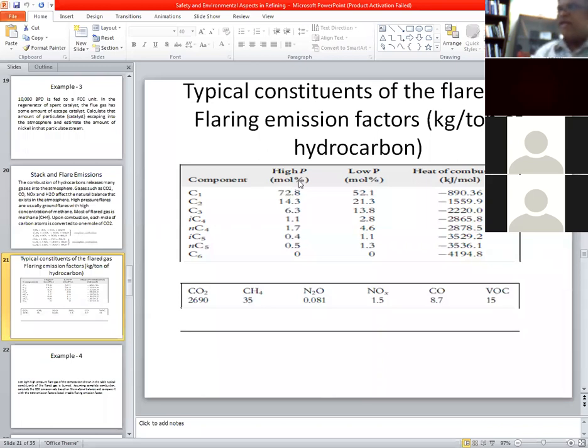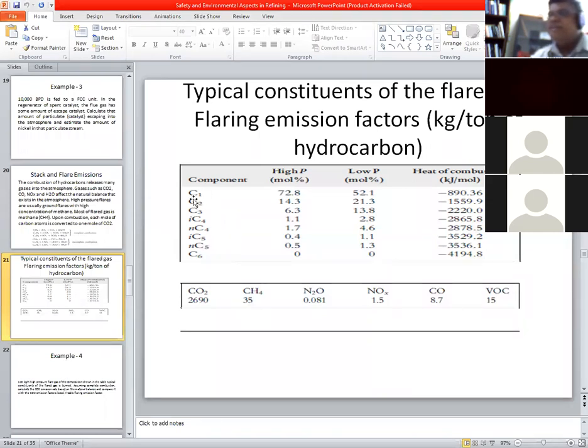Then, based on the mass balance equation, take the molar flow rate of total gas times the molar percentages, because we want to find the amount of carbon dioxide.